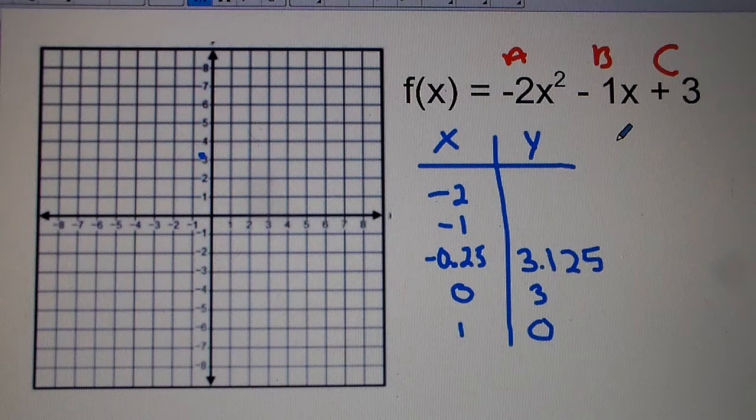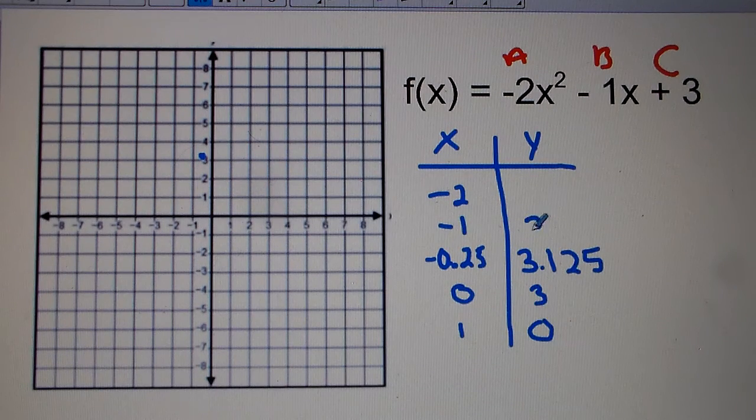So it'll be negative 2 parentheses negative 1 close parentheses squared minus 1 parentheses negative 1 plus 3. We get an output of 2, which is okay.